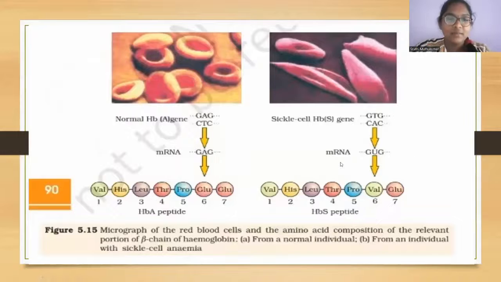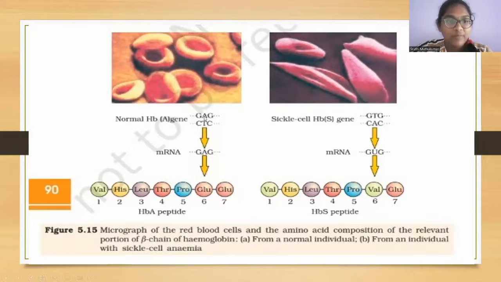Now this is a diagram given in the NCERT textbook, and this is a very important diagram. This is figure 5.15, and here in this image you can see this is the normal hemoglobin and this is a sickle shaped hemoglobin. The normal HbA gene has GAG and CTC on the complementary strand.